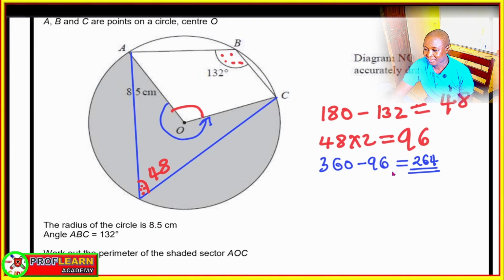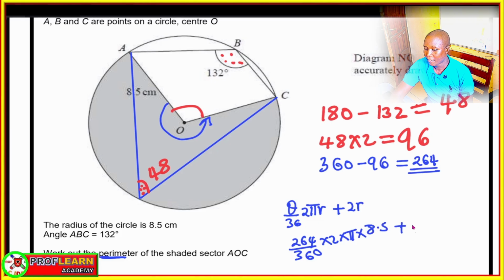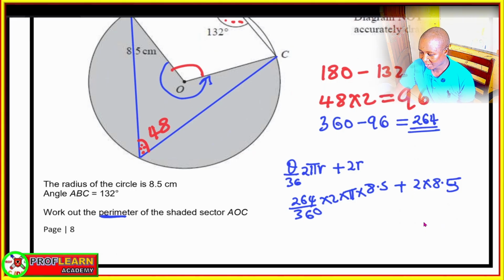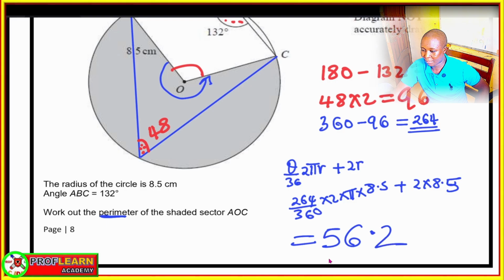And in that way, I'm going to now use the standard formula for finding arc length, using the angle, which is 264 over 360 times 2 pi r, and the radius here is 8.5, plus 2r, and then that is going to give our answer. So basically that's what we are going to do, and we shall get our answer as 56.2 centimeters as our perimeter.